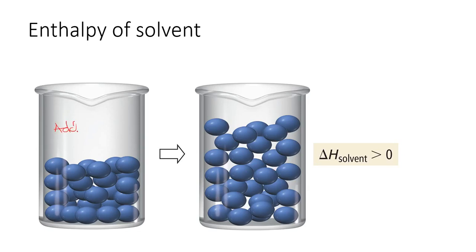Once the energy is added, it brings the solvent particles a little further apart so that we create space for the solute to get in. So this process involves addition of energy. So we can say enthalpy of a solvent is always positive.